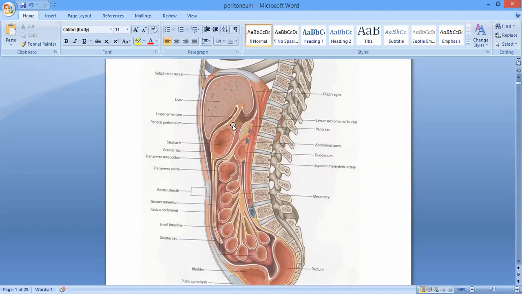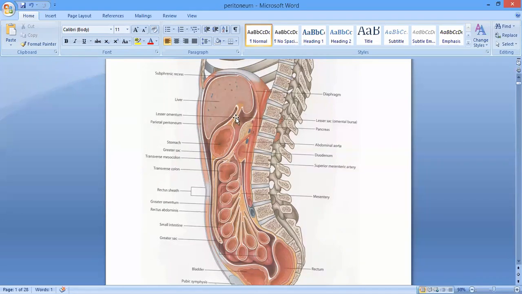The smaller part of this omentum, which connects the stomach with the liver, is called the lesser omentum, and the longer part of the peritoneum, which connects the stomach with the transverse colon here, is called the greater omentum. So there are two kinds of omentum: the greater omentum, which connects the stomach with the transverse colon, and the lesser omentum, which connects the stomach to the undersurface of the liver.